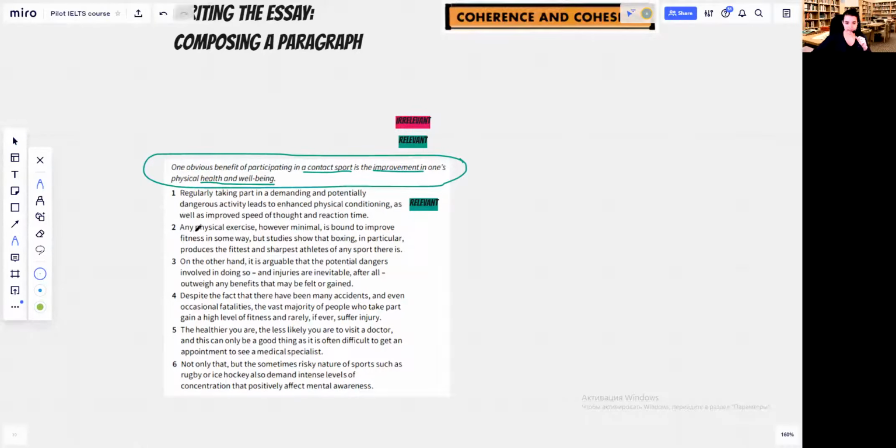Any physical exercise is bound to improve fitness, says the author. But boxing in particular, so he or she is narrowing this topic down. Boxing in particular produces the fittest and the sharpest. Sharpest, of course, refers to the mind, the reaction time, for example. So, yes, it is relevant.